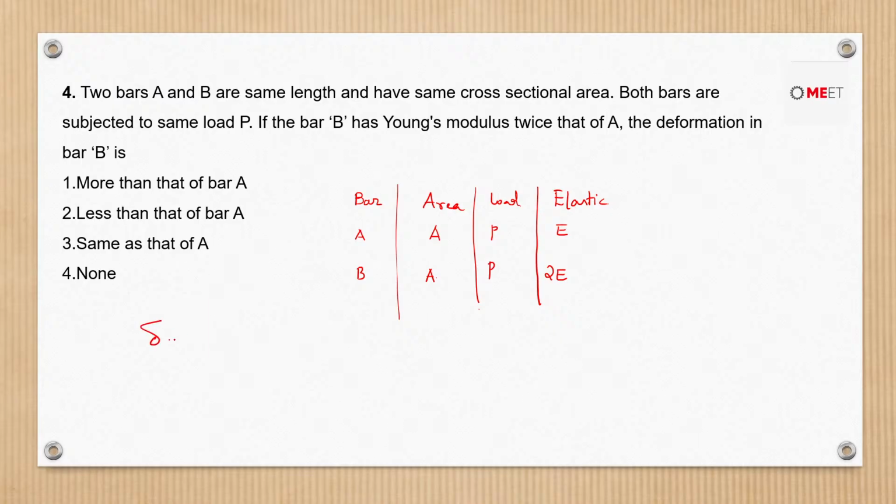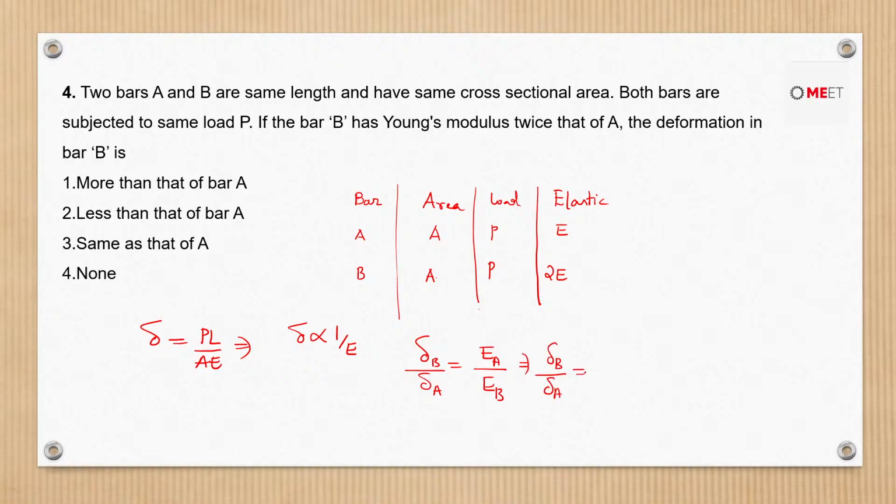So delta is equal to PL by AE. From here delta is inversely proportional to E. So delta B by delta A is equal to Young's modulus of A by Young's modulus of B, which is E by 2E.